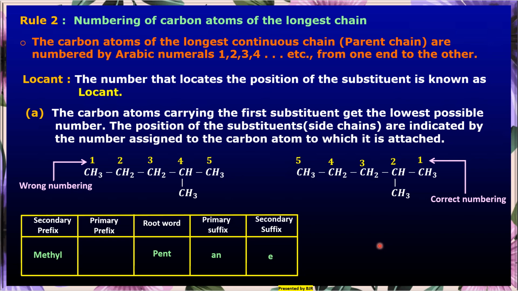To which carbon atom is this methyl group attached? The second carbon atom. So the IUPAC name of this organic compound, this alkane, is 2-methylpentane. Okay, so between the number and the name we have to give one hyphen. 2-methylpentane, this is the complete IUPAC name of this structure.